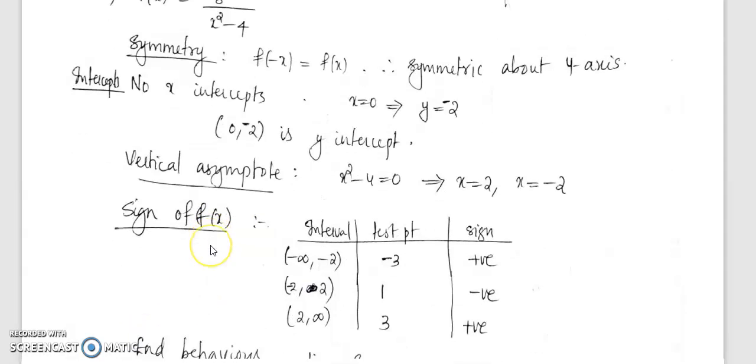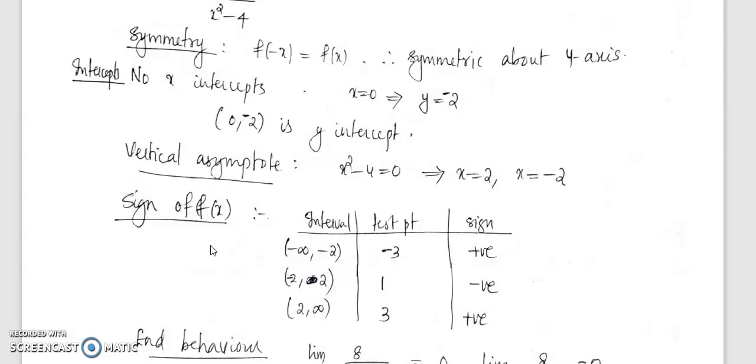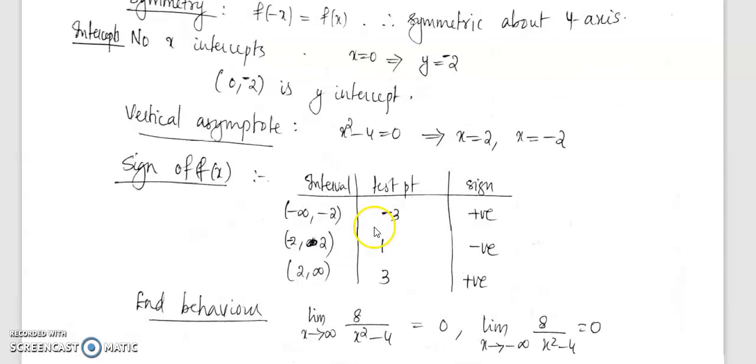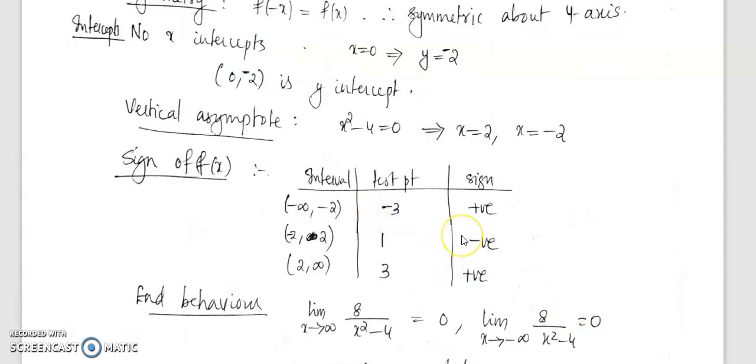Take any test point there. At -3 it will be positive. Then if you take 1, it is negative, and if you take 3, again positive. So that is going to be the sign of f.